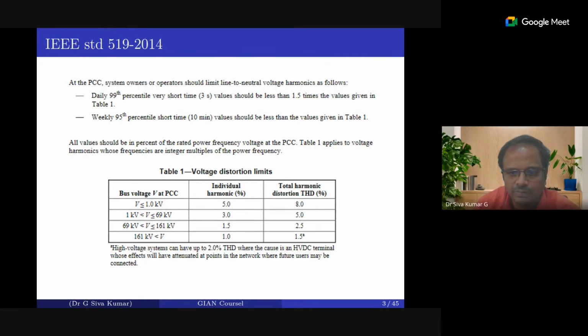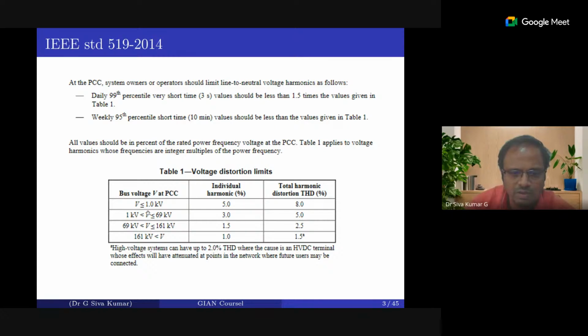These are the voltage distortion limits with respect to the IEEE 519 standards. These are the standards with respect to the distribution level. In the microgrid level, people have not come out with any kind of standards, but it is very well applicable, since we are not going to have voltages greater than 1 kV.